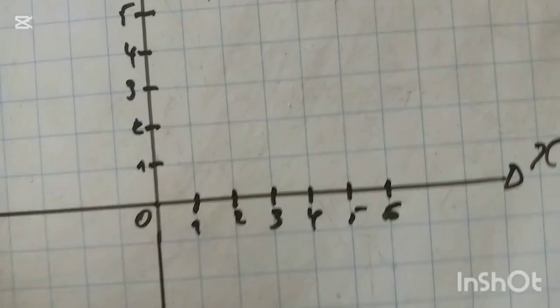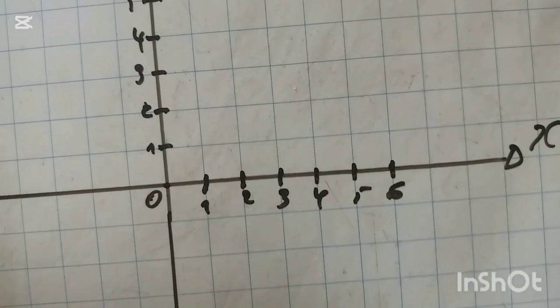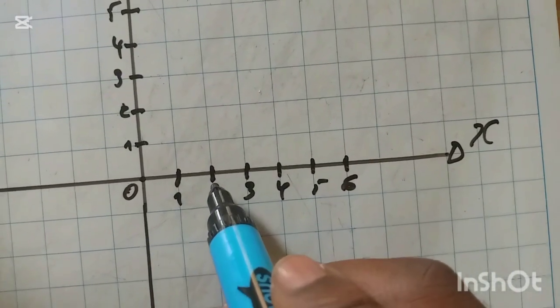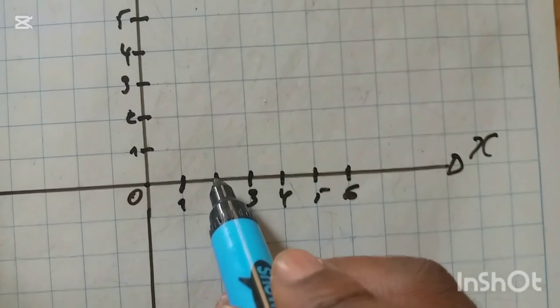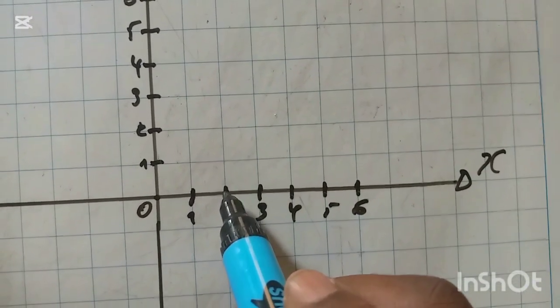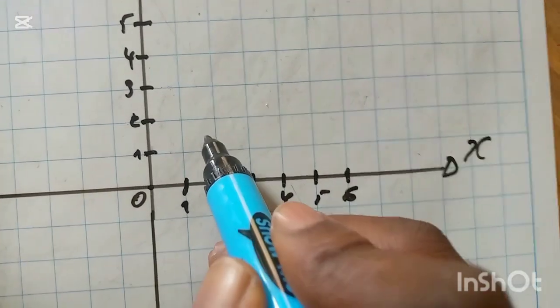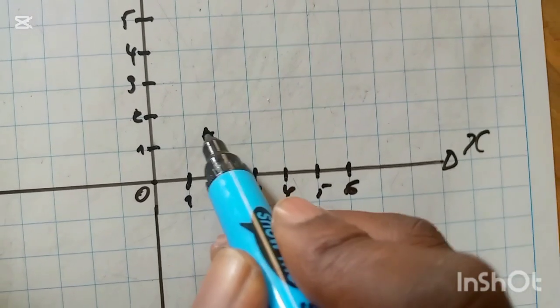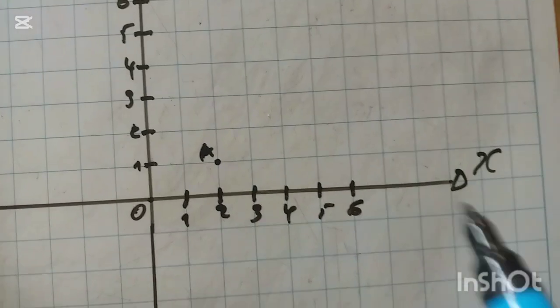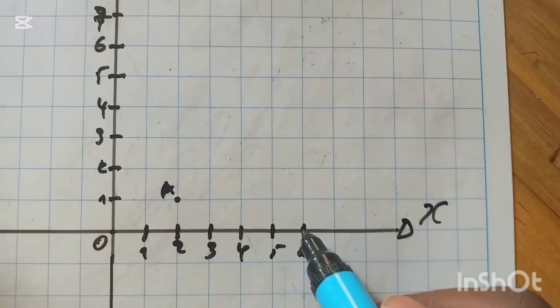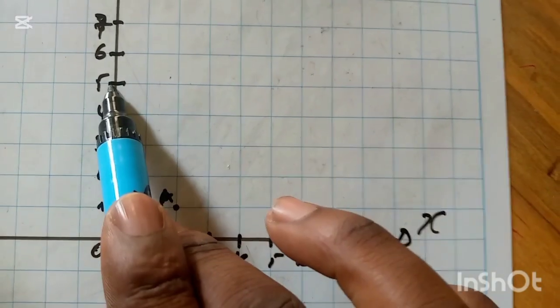Remember that we have a point H. The point H has coordinates 2 on x and 1 on y. So we have point A here. We have also point D with 6 on x and 5 on y.